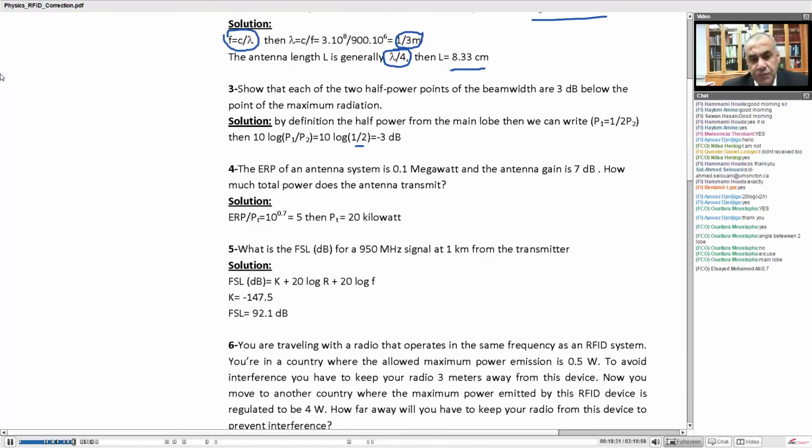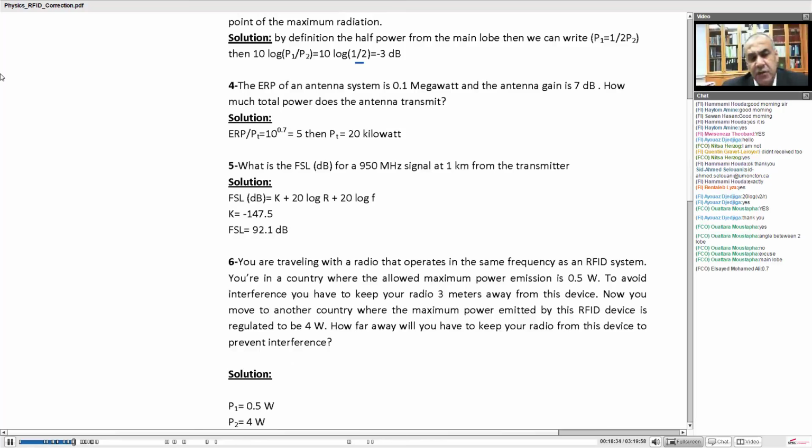Okay, very easy. The formula is here, but we know that G is 7 dB. To convert this, it is in reality 10 logarithm G. We have to find G in linear scale.